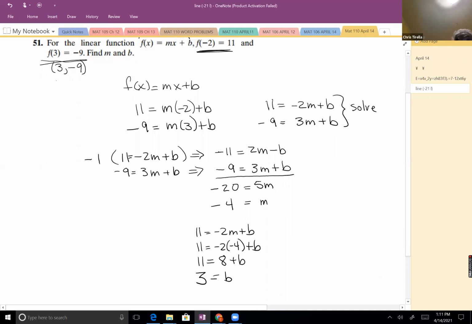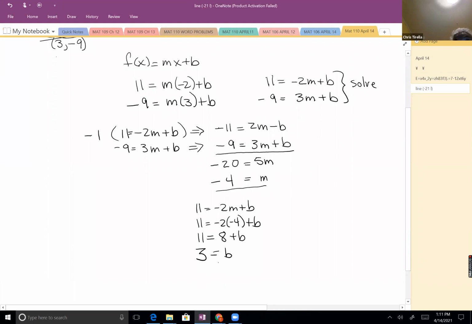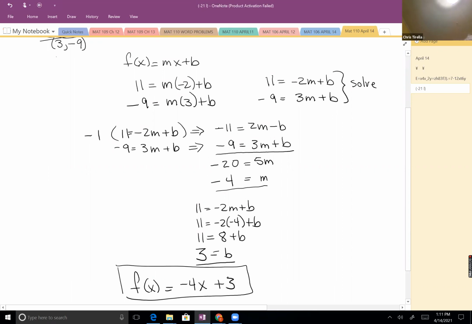And so if m is -4 and b is 3, my solution is f of x equals -4x plus b. Oh, no, not b. I apologize. We said b is 3. F of x equals -4x plus 3. Different approach to finding that equation through the 2 points. What do you folks think?